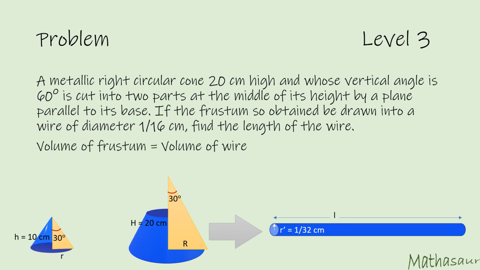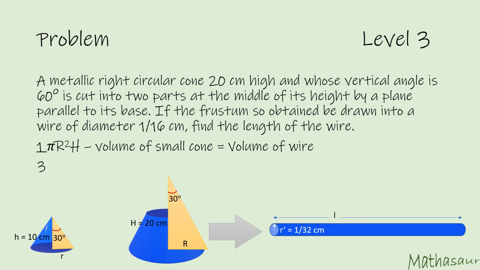Now, the frustum is drawn into a wire, so the volume of these solids shall stay the same. So, volume of frustum is equal to volume of wire. How do we find the volume of this frustum? We know the formula for volume of a cone. So, volume of original cone minus volume of smaller cone would give me the volume of frustum. Let us substitute the formulae.